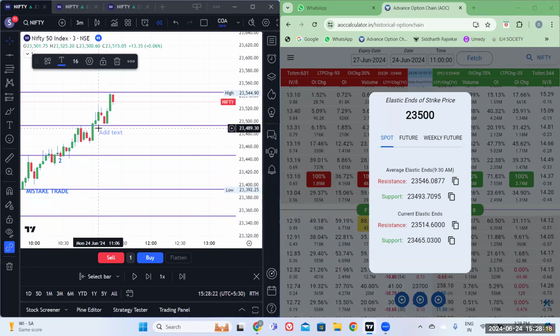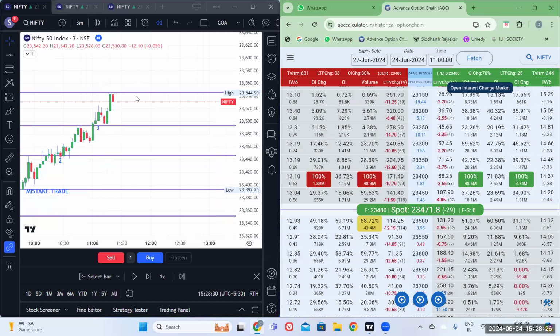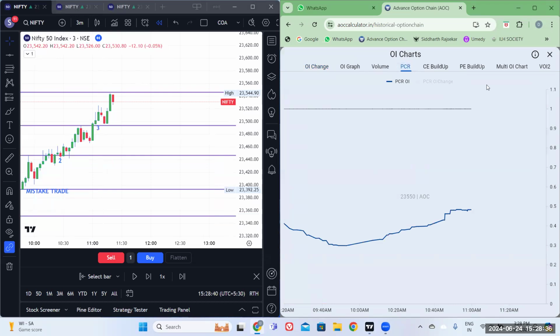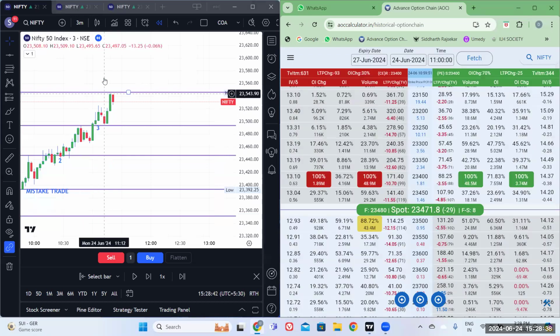What the market gave was a clear 90 point trade, and by this time when I come, this is already at 70. If I have to trade now, I have to trade the 550 level, and at the 550 level PCR is also at my level, so I need to wait for this price to close above.